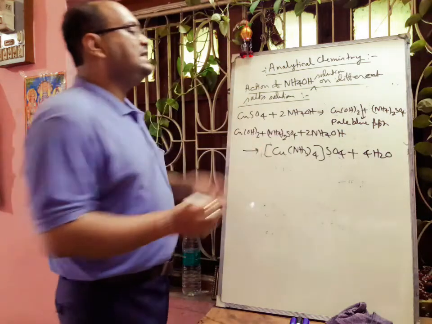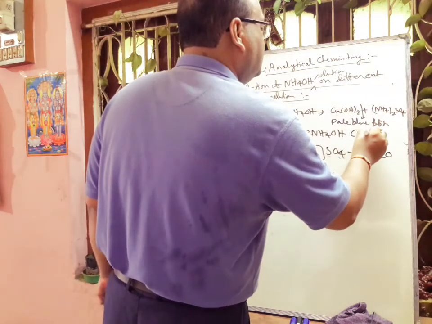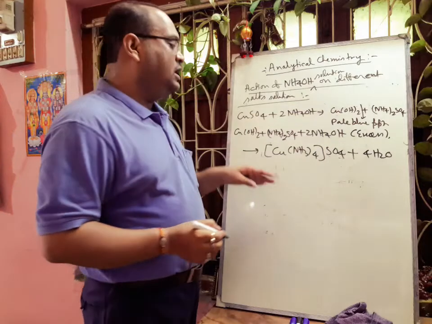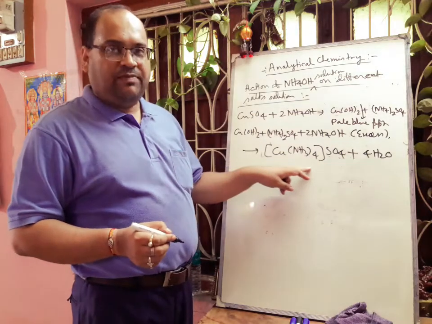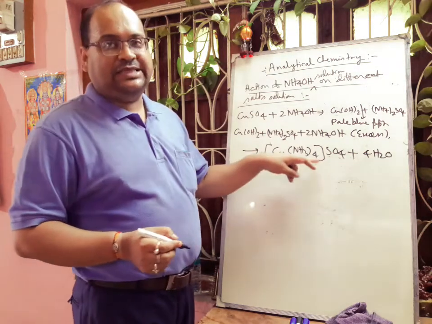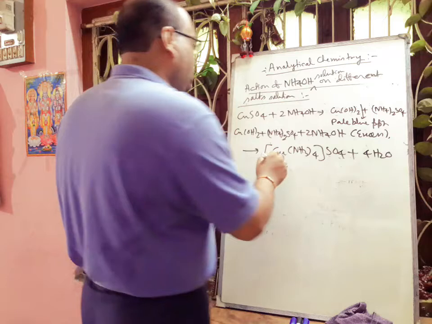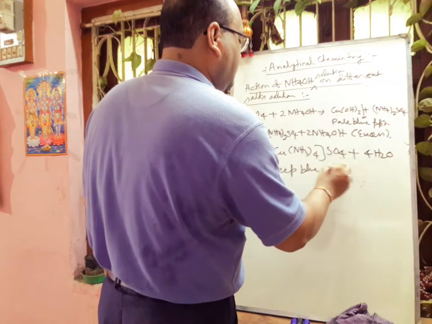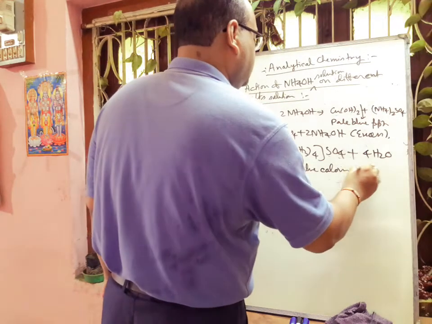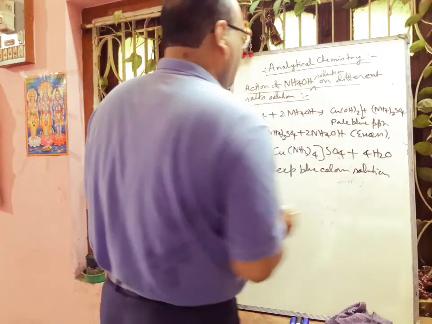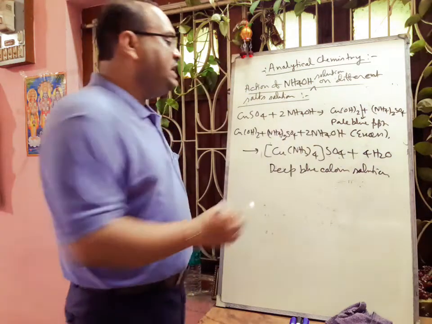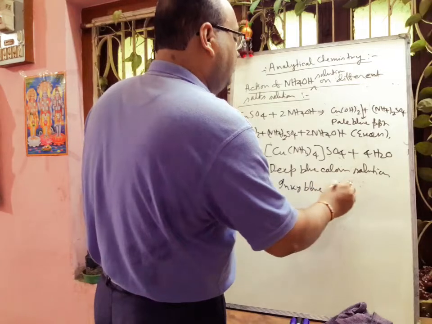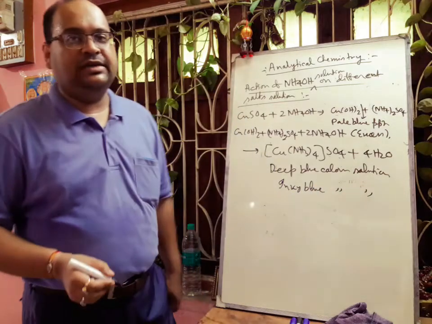If we add excess ammonium hydroxide, then this pale blue precipitate dissolves, and there will be formation of one complex salt, that is copper tetramine sulfate, and it will be a deep blue color solution, or an inky blue color solution. Hope you can understand.